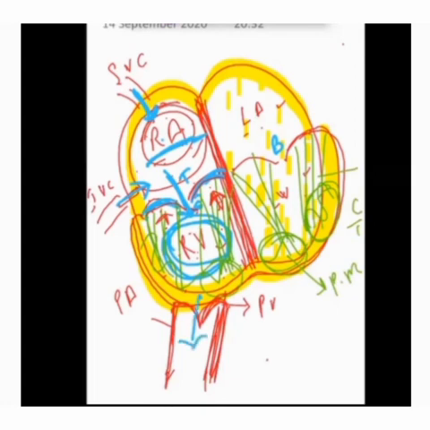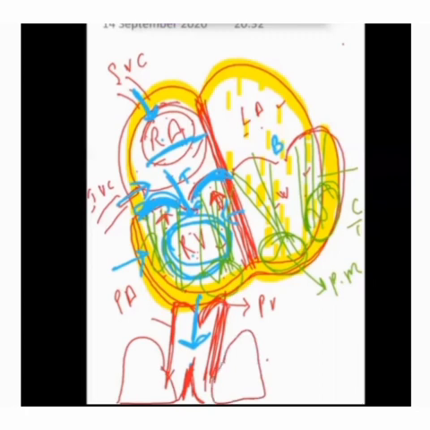Once the right ventricle contraction is taking place, the blood will be pumped to the pulmonary artery, and the tricuspid valve will be closed. This pulmonary artery is bifurcated, which means it is divided into two, one moving to each lung.